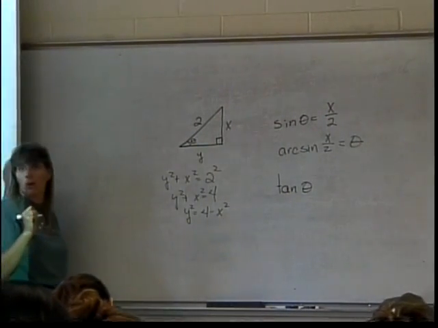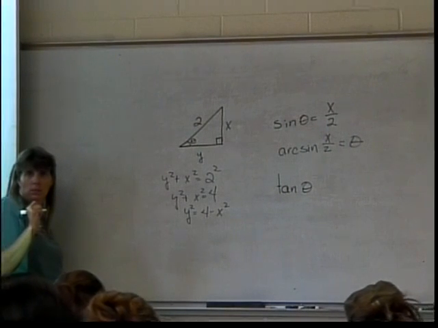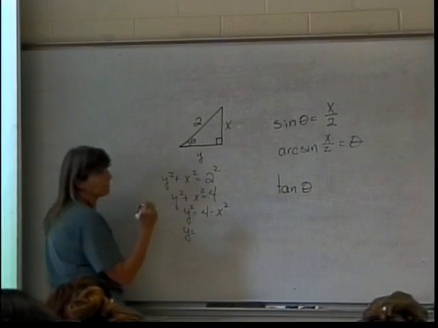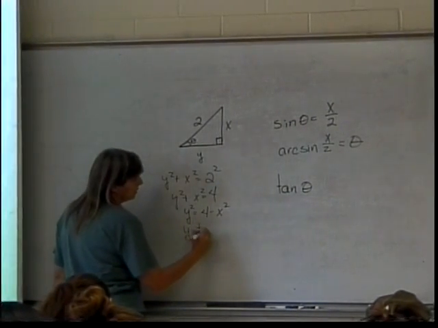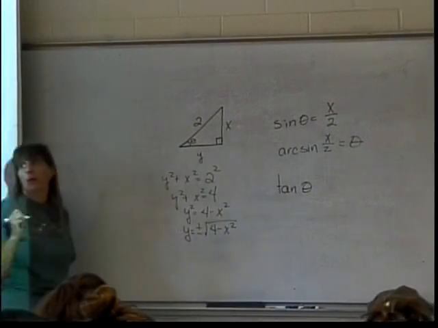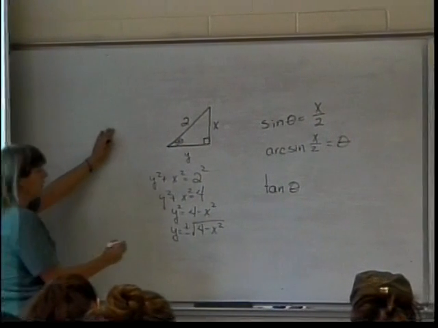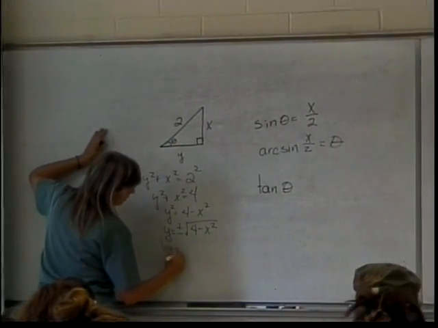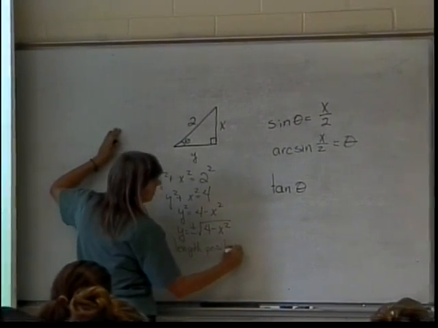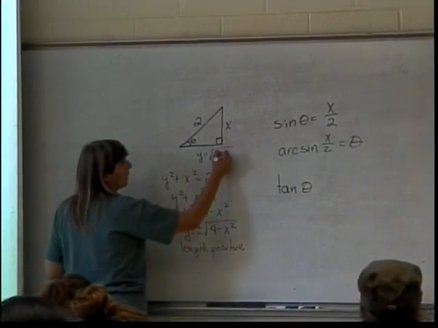Everybody happy so far? What's my next step say? Square root, so it's y equals plus or minus the square root of 4 minus x squared. And then what do I say next? Because I'm using a triangle, length is positive. So that means this y is the positive square root of 4 minus x squared.